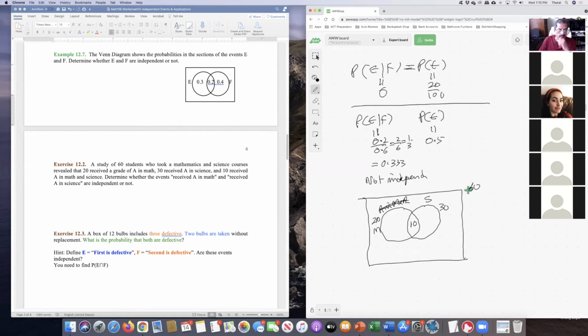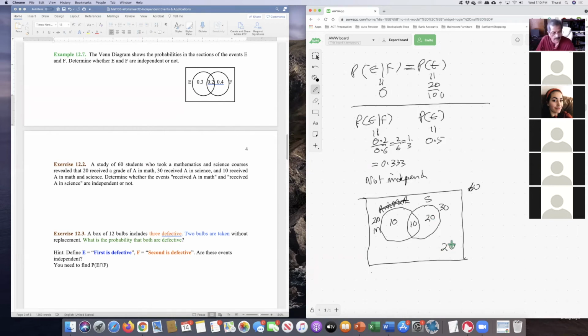Determine whether the events received A in math and received A in science are independent or not. To determine whether they are independent or not, I need to find the numbers in each section. 10 here and 20 here, and 20 plus 20 is 40, so 20 outside.